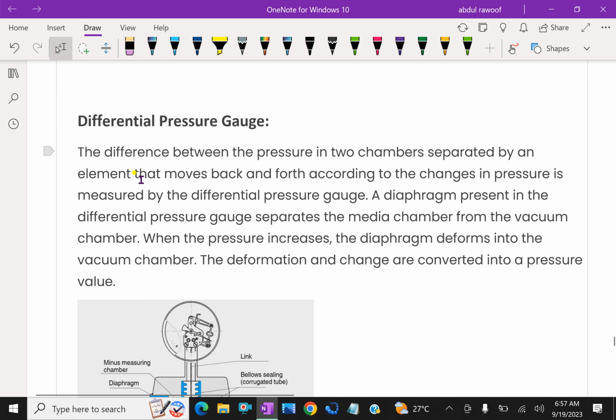Differential pressure gauge. The difference between the pressure in two chambers separated by an element that moves back and forth according to the changes in pressure is measured by the differential pressure gauge. A diaphragm present in the differential pressure gauge separates the media chamber from the vacuum chamber.